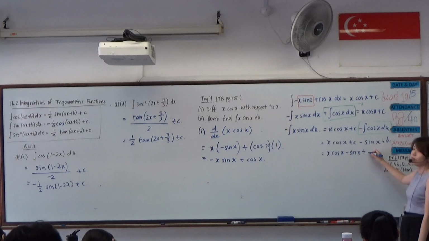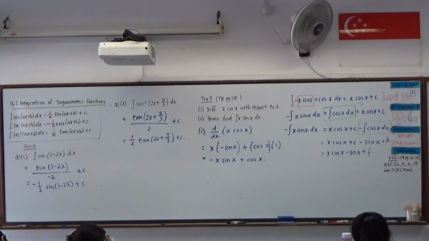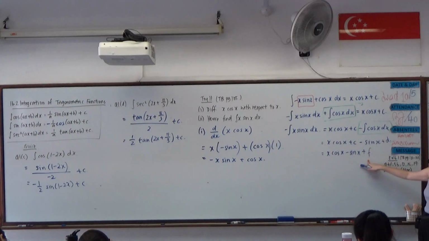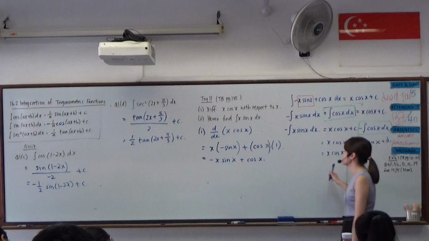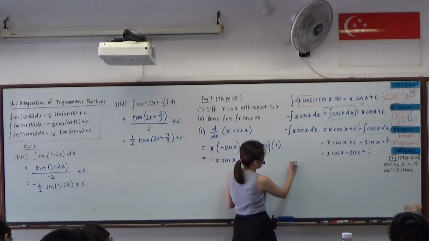Like I mentioned before, we don't choose e, we choose the next letter, which is f, because e is a number itself. So it's just to tidy things up. It really doesn't matter whether you keep the plus c or change it into just a single constant.